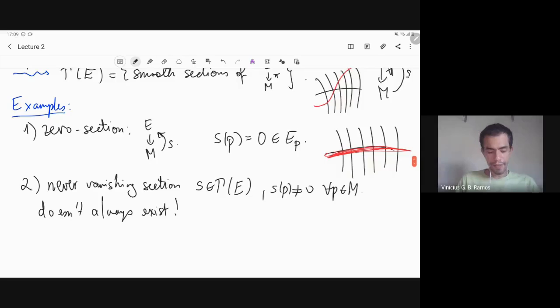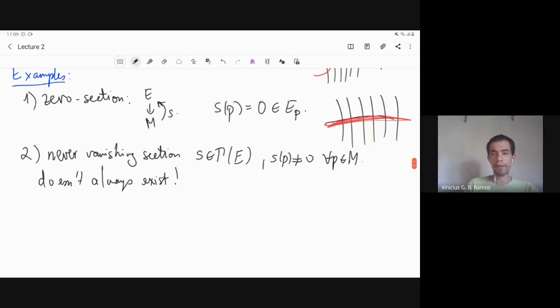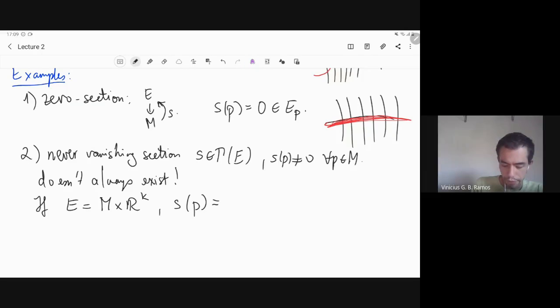If you have a trivial bundle, then it always exists. If E is just a trivial bundle, then you can take a section to be constant, equal to whatever vector you want in Rk.